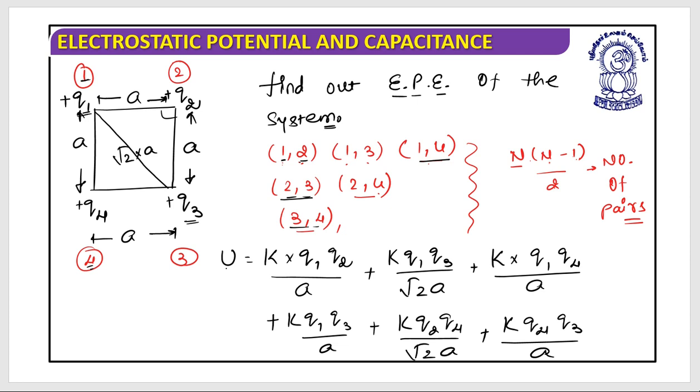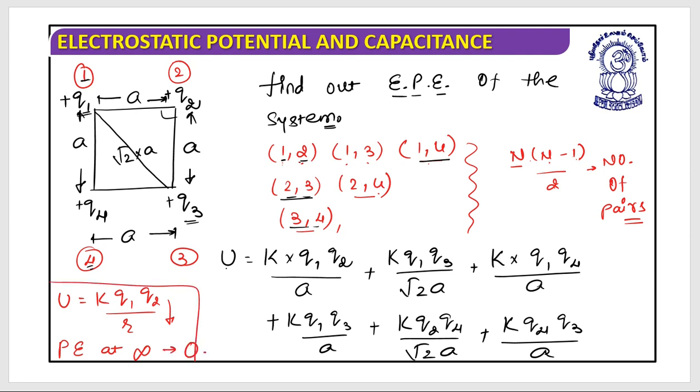This is the total potential energy of this system. I hope these things are clear to you. Yes, is it clear? When we write that potential energy is k q1 q2 divided by r, we mean that we have considered the potential energy at infinity to be 0.